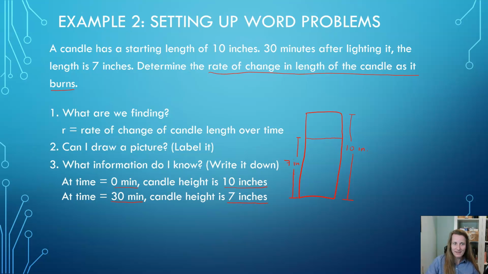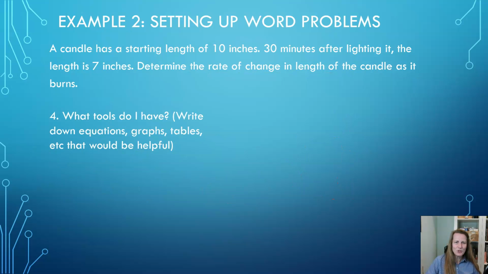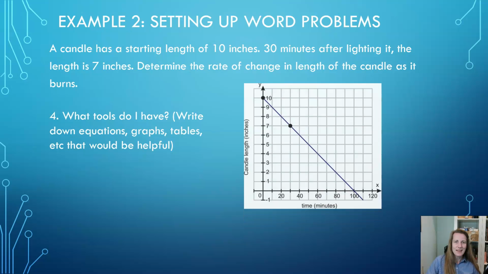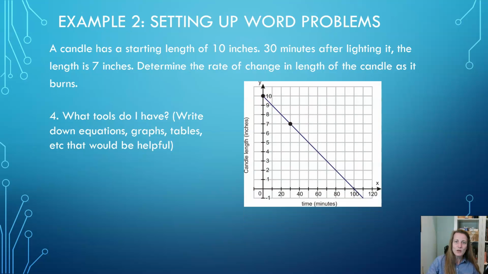So I know a lot. Now, what tools do I have? Do I have equations, graphs, tables? What would be helpful in this case? Well, if you notice, I was given 2 points. At time 0, I had 10 inches tall. At time 30 minutes, I had 7 inches tall. So a graph makes a lot of sense in this case.